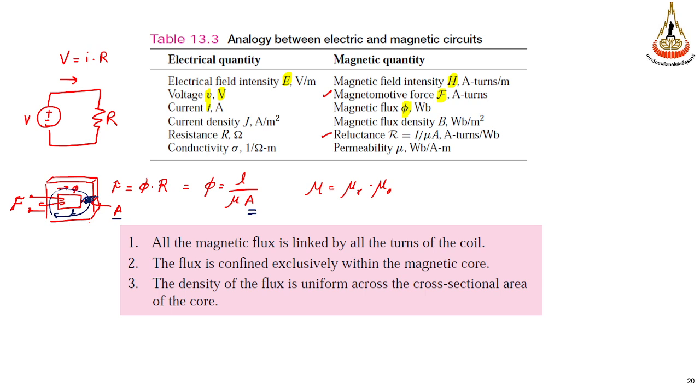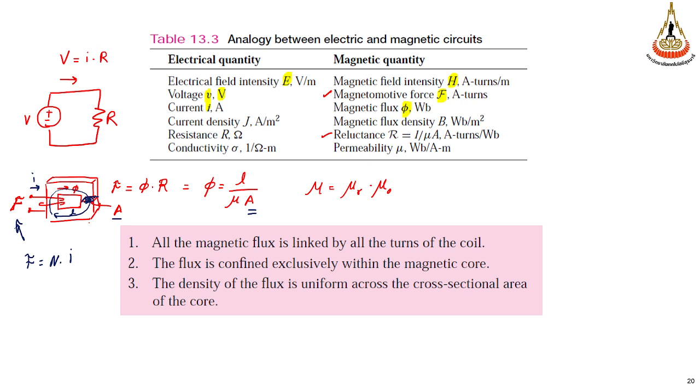In ampere turns. So what is F? F would be N into I. If we supply the current as I amperes into N turns of a coil, we get the magnetomotive force in ampere turns.